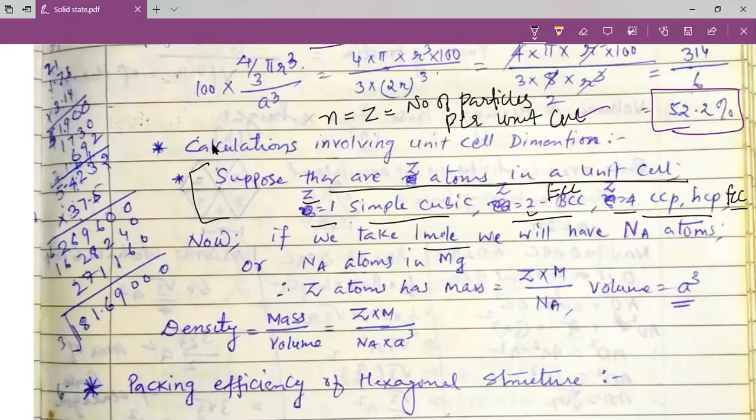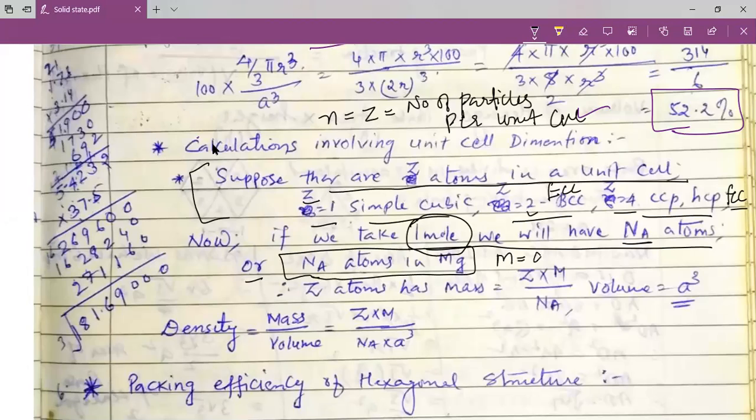Now if we take 1 mole, we will have Na atoms. This is a very simple idea, my dear students, that the meaning of mole is equal to the Avogadro number. So if we take 1 mole of any substance, we will have Na atoms. Therefore we can say that Na atoms is equal to M gram. Now what is your M here?